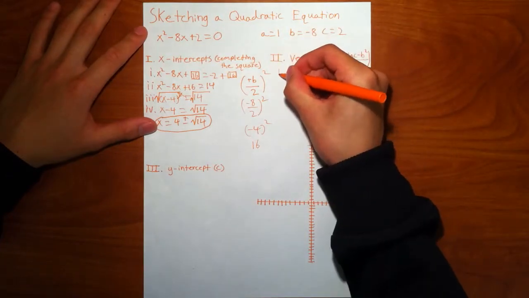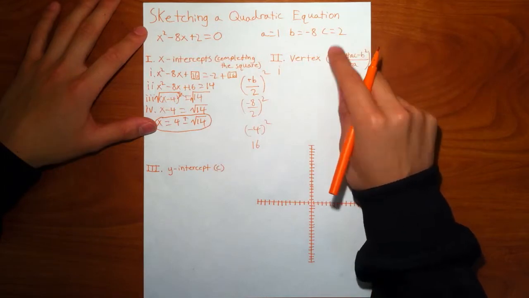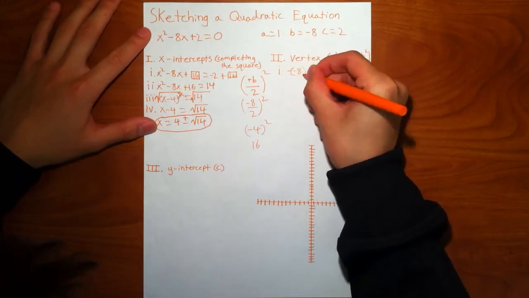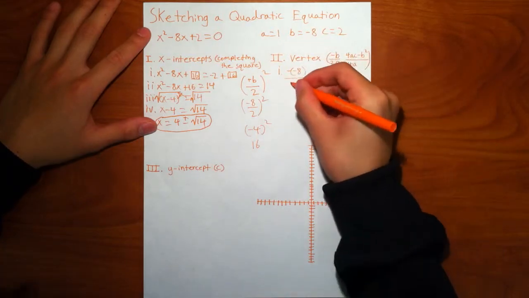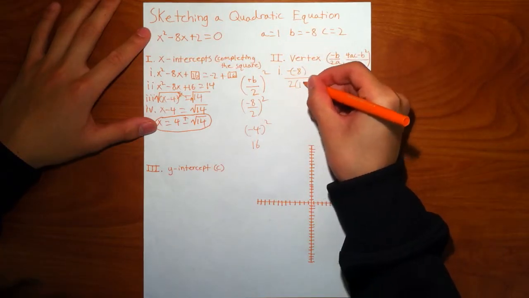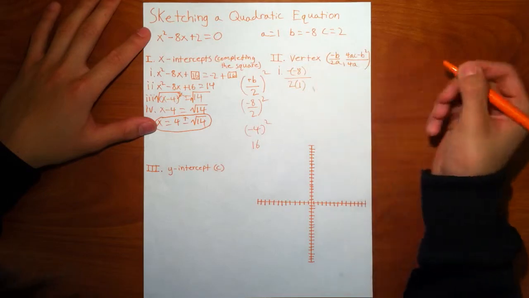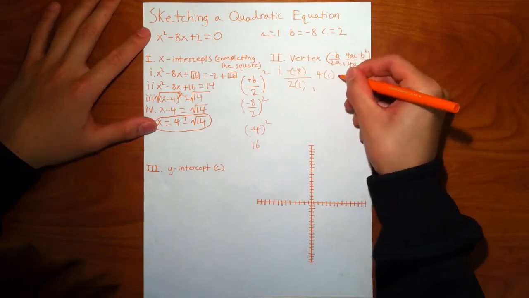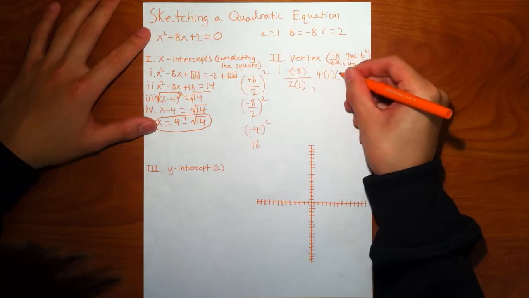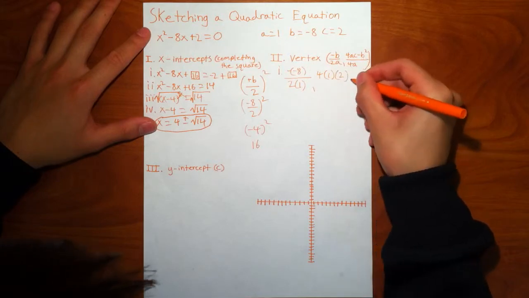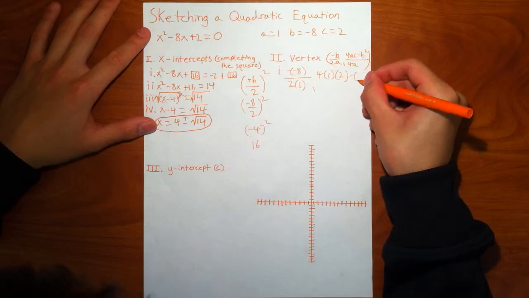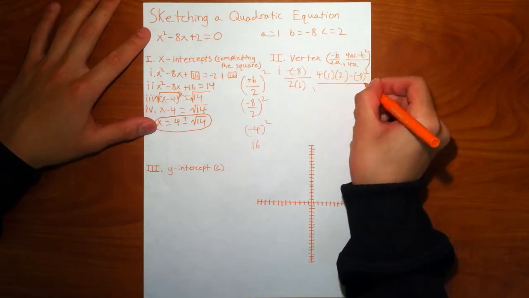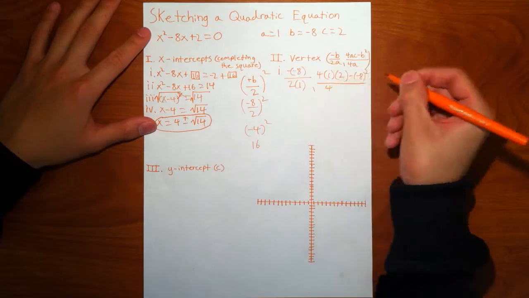So, step 1, plug in negative b, which is negative 8, over 2a, which is 1, comma, 4, a is 1, c is 2, minus b, negative 8, squared, all over 4a.